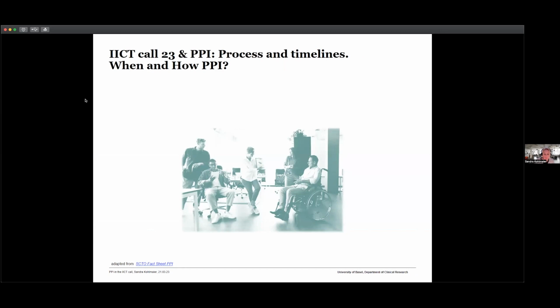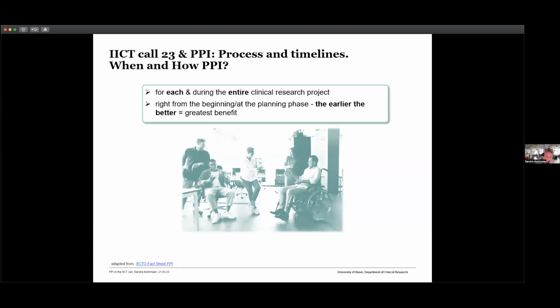So it is important that we think that PPI activities should be integrated for each clinical research project. And we think that there is no research project where no PPI activity or question at all exists. So we think it is possible for each project, and it should be during the entire project.